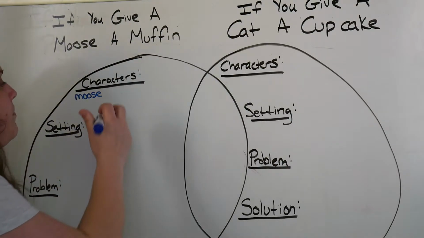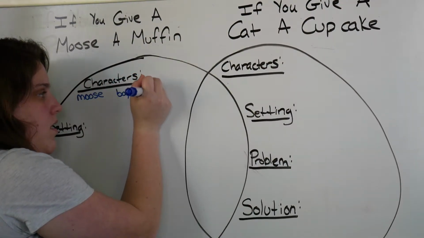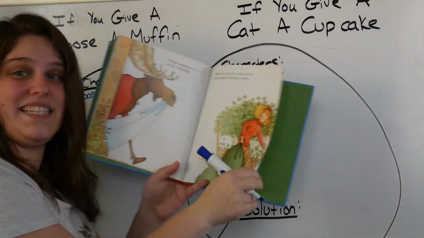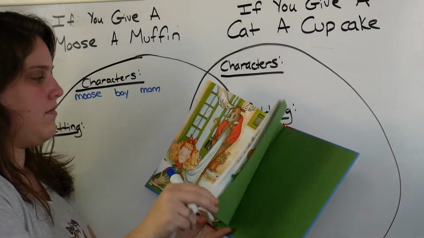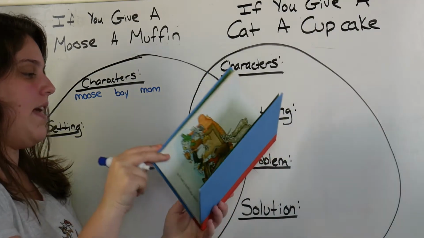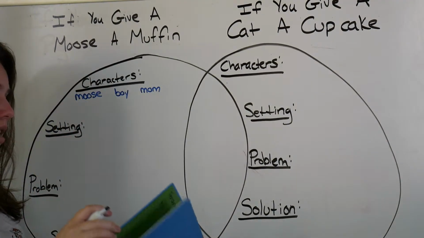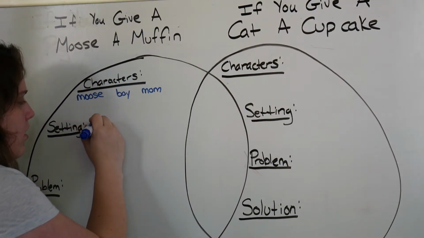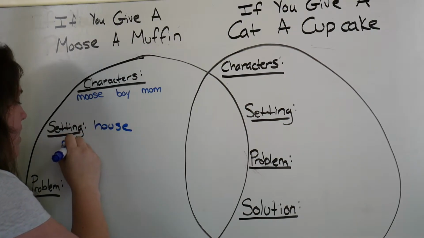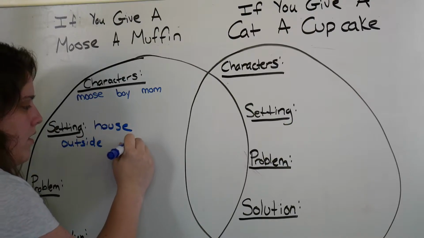Oh, yep. So we have the boy, and we have the mom. Here she is. Okay, and that's it. All right, setting. So where were they? Well, they were at the house, and they were outside in the yard, and they were inside the house.